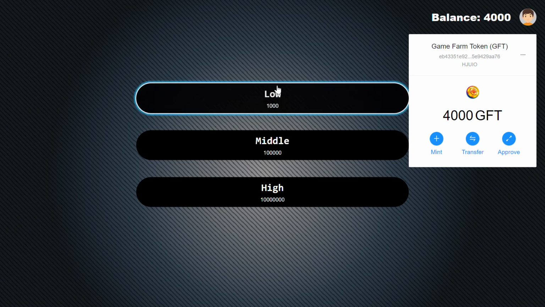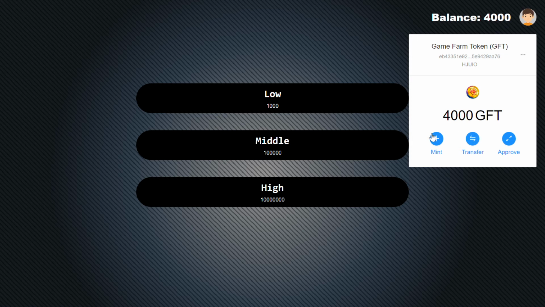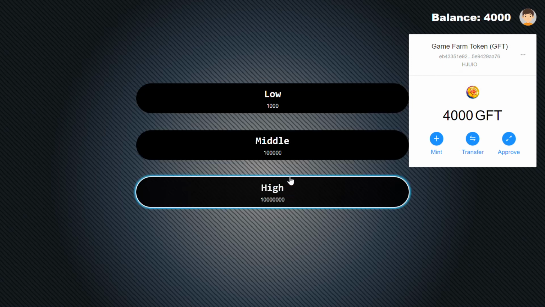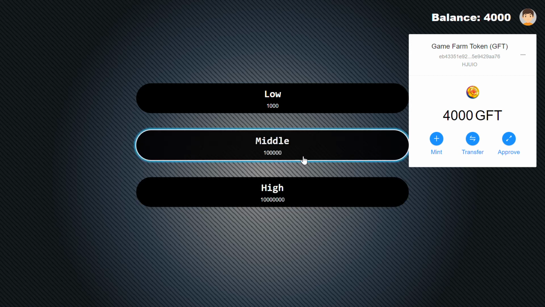When you start with the low level, it adds 1,000, so your balance will become 1,000. And when you play and become a winner, it adds more. Every level has an amount of tokens you should have.